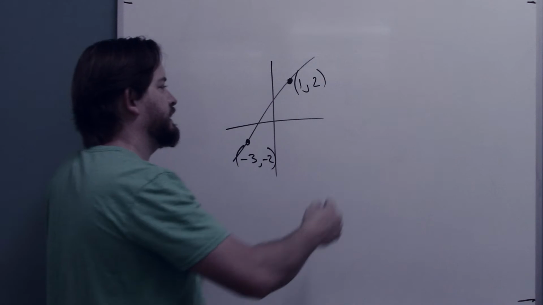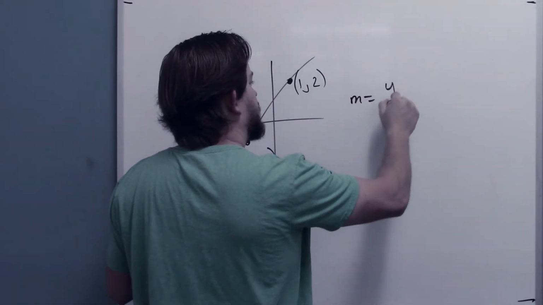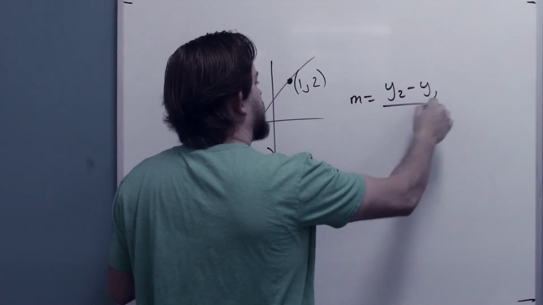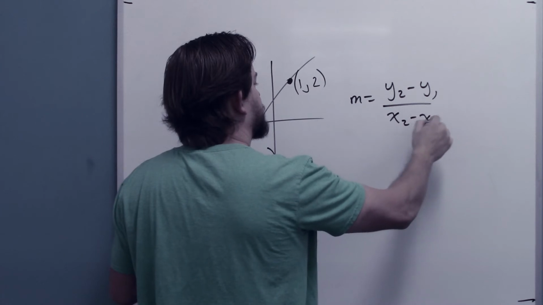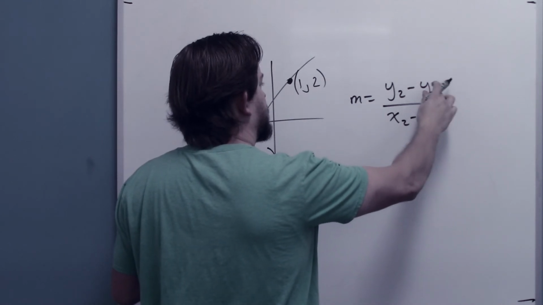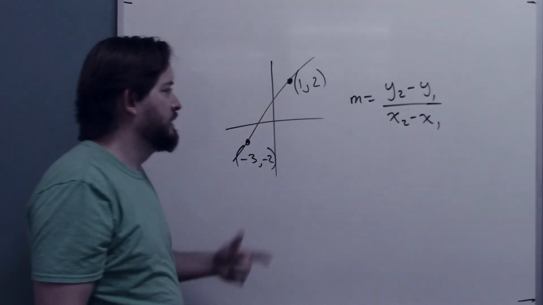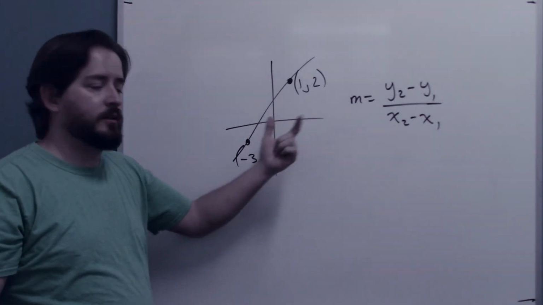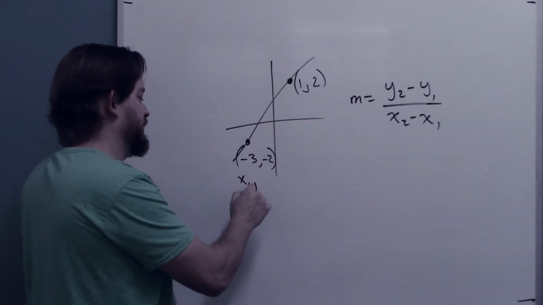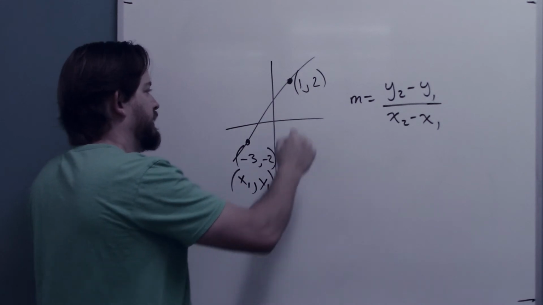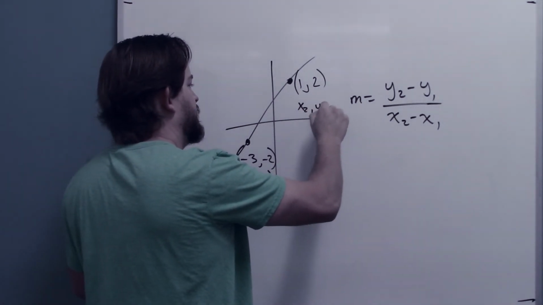All I'm going to do is take this m equals y2 minus y1 over x2 minus x1. Right. Call one of these point 1, call the other one point 2, so this would be x1, y1 and x2, y2.